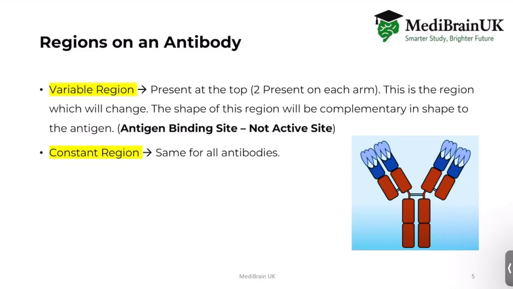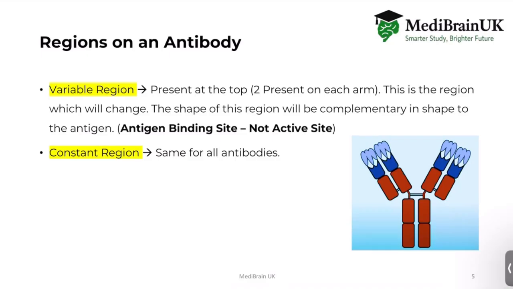If all the antibodies were the same, then they would only be able to attack one type of antigen. There are so many different types of antigens, and we need our antibodies to attack all of them. So that's why we have a variable region on our antibodies, so they can attack the different types of antigens which come across, because there are always new diseases coming along.